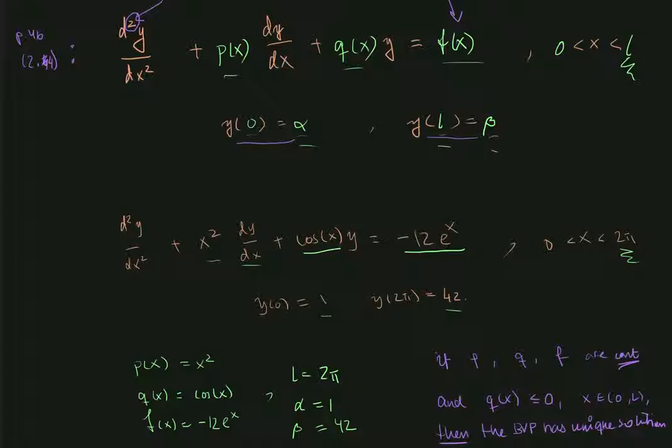So if we know that this holds, then we know for sure that the boundary value problem has a unique solution. Now, do we know if that holds in this case?